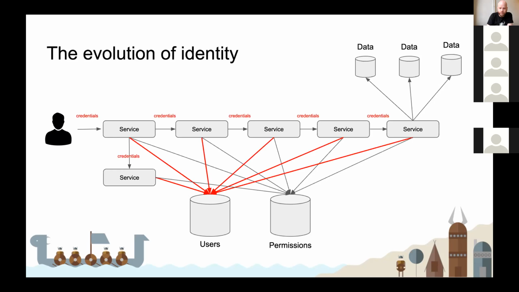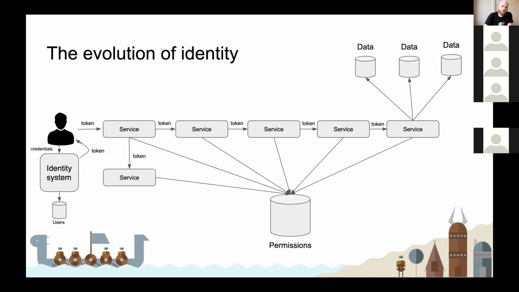Well, we can start identifying some of the problems here. One, of course, is all these calls to the user database. And another one is sending around credentials like this. Is there really a need for my backend service talking to the database to know the password of a user?